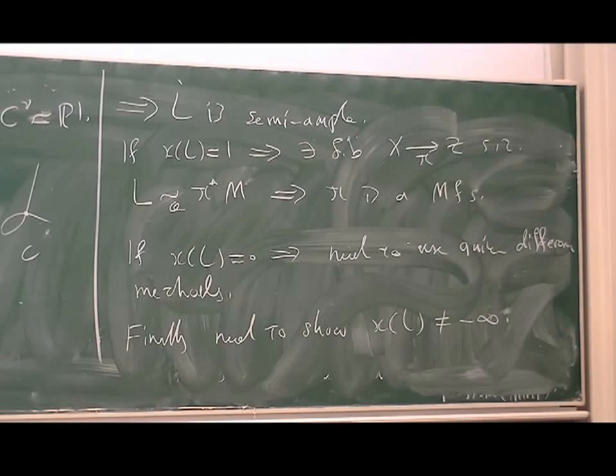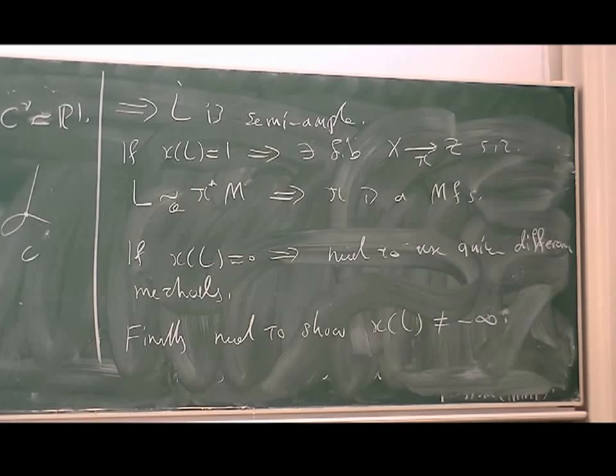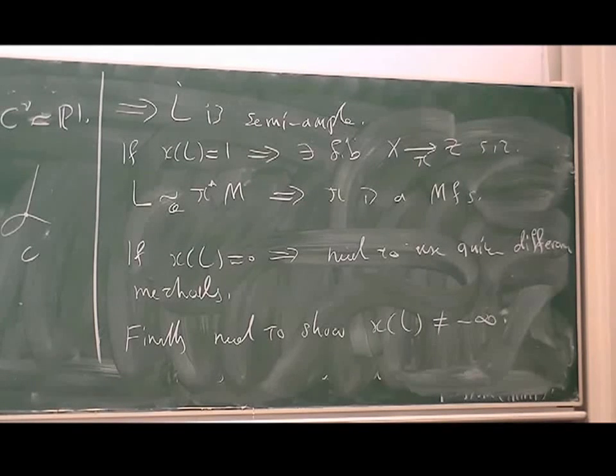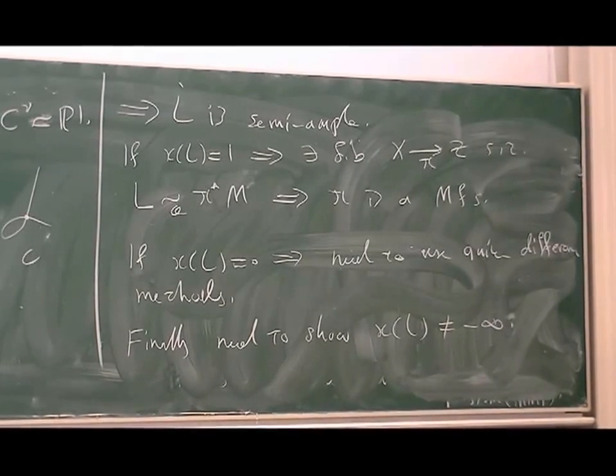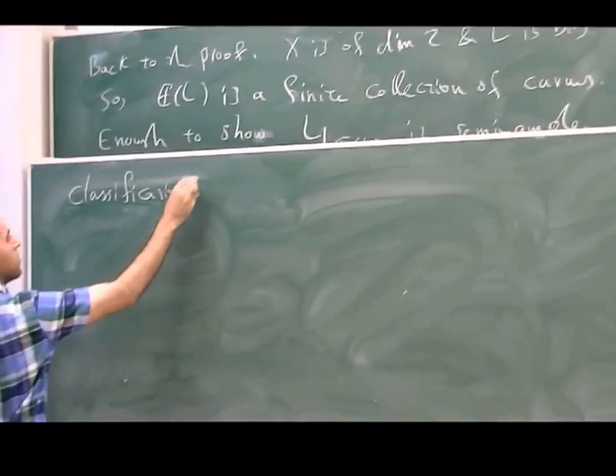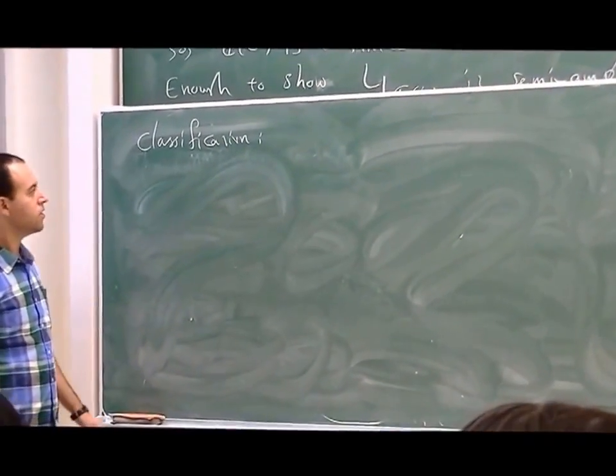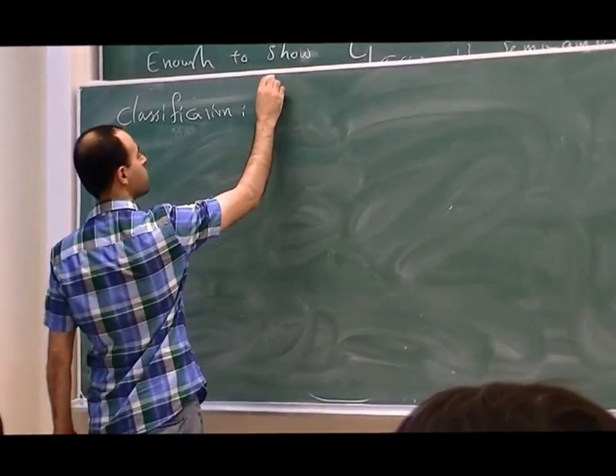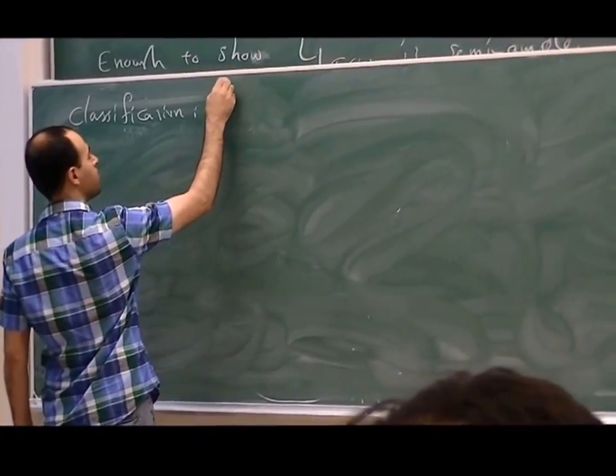It becomes much more complicated. So the bottom line is that you have to find better ways to deal with these cases that I did not discuss. Anyway, classification here, I cannot really say much because if you are interested, the standard place to look at it is Mumford.